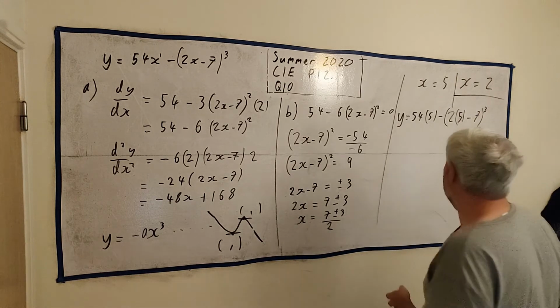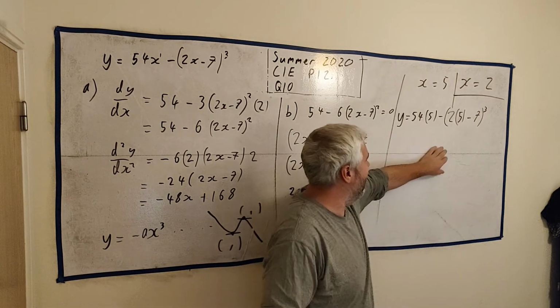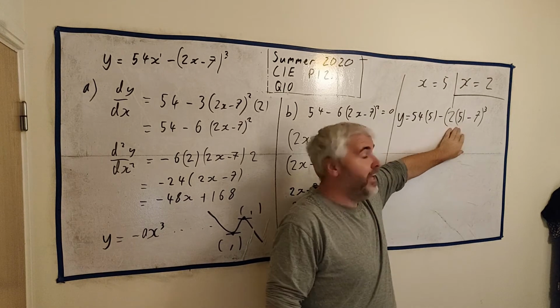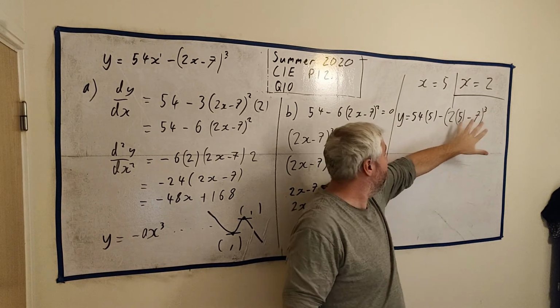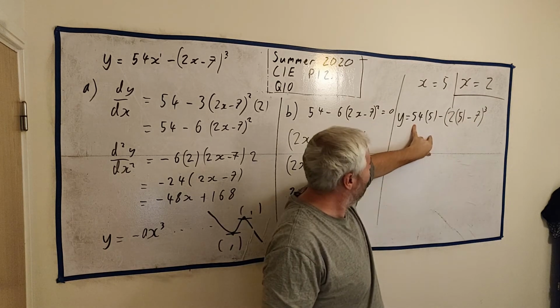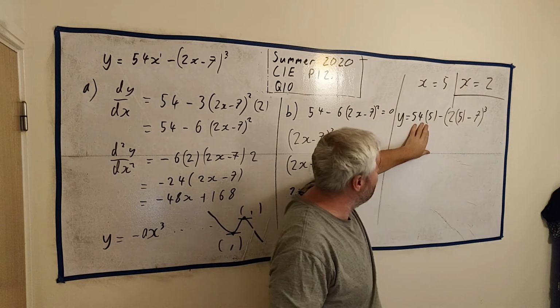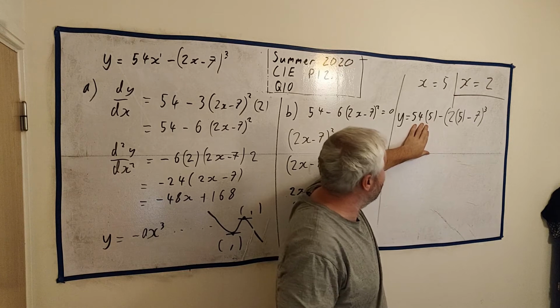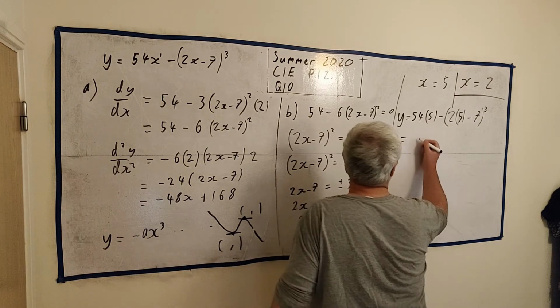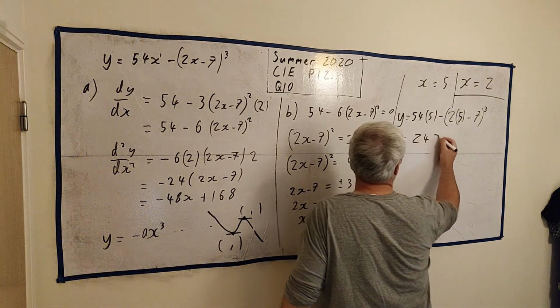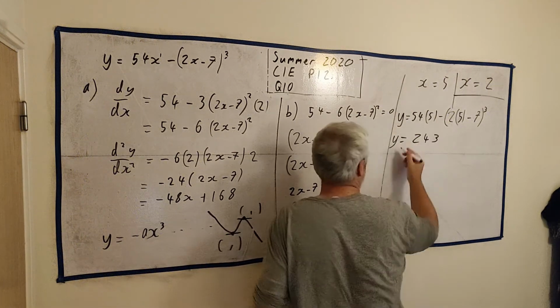That's fairly complicated, but you put that into a calculator. You could do it in your head maybe. 2 times 5 is 10. 10 minus 7 is 3. 3 to the power of 3 is 27. This here is 270. 270 minus 27 is equal to 243.